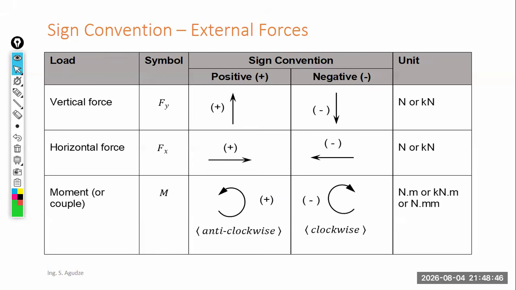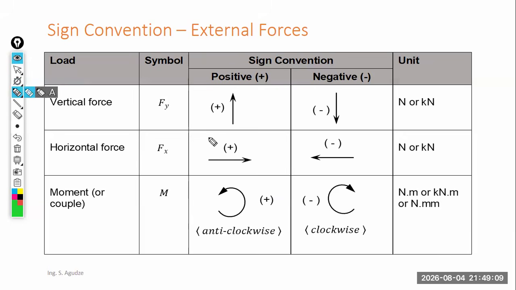So the first thing here that you need to understand is the kind of forces we have. Okay? Now, if you look at the forces we have, first of all, we have a vertical force. Okay?